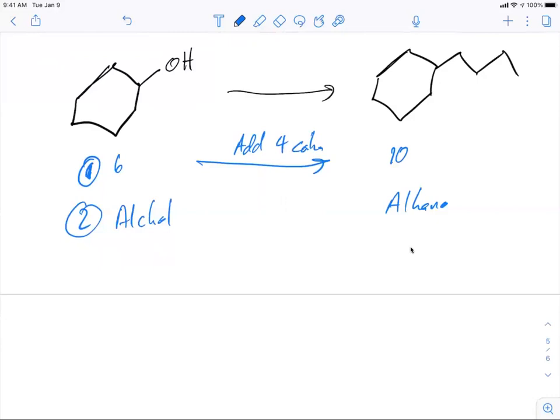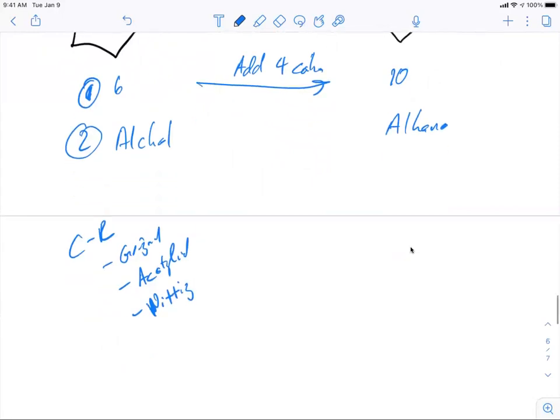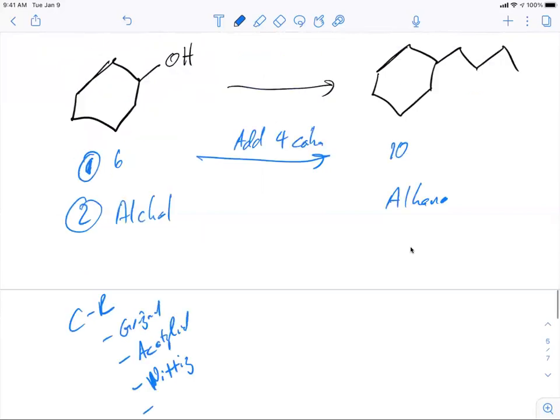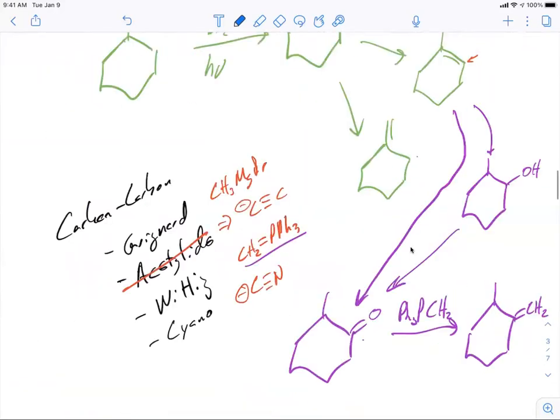So let's look at the carbon-carbon bond forming reactions, right? We've got Grignards, we've got the acetylide, we've got Wittig, we've got, let's see, sorry, forgot the other one. We've got the cyano.